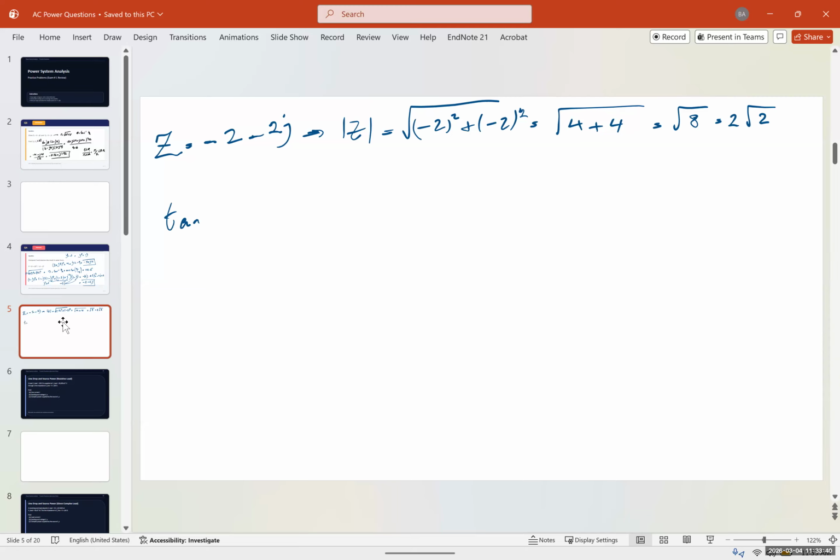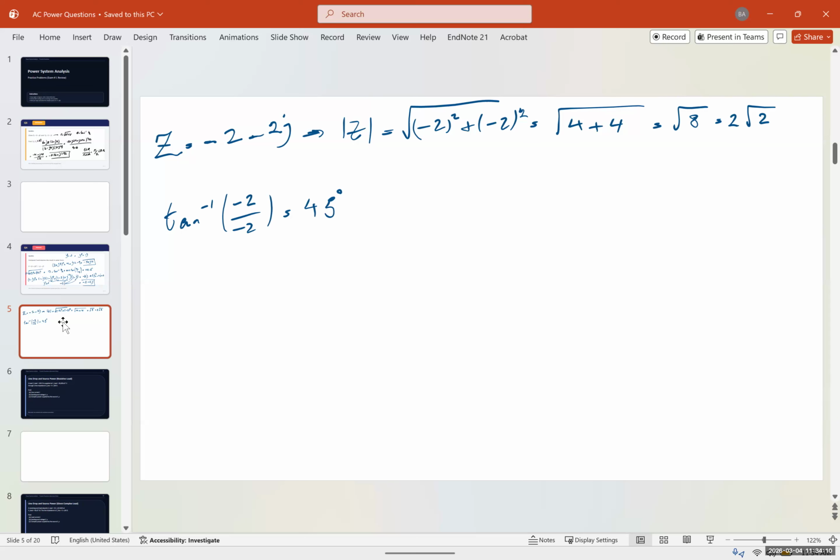Now, tan inverse of negative 2 over negative 2 is 45 degrees. And because both of them are negative, and as you know, how do we calculate tangent? Opposite over adjacent.